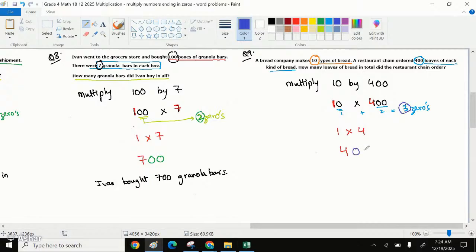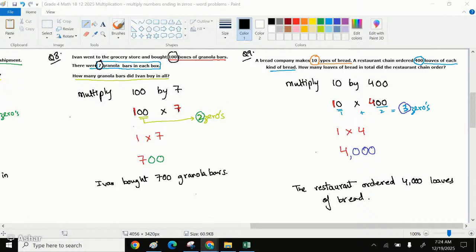So we simply put 3 zeros and we put a comma separator over here. That means the restaurant ordered 4,000 loaves of bread. Okay, agreed? Do we have any question over here? Oh, sure, I'll wait.